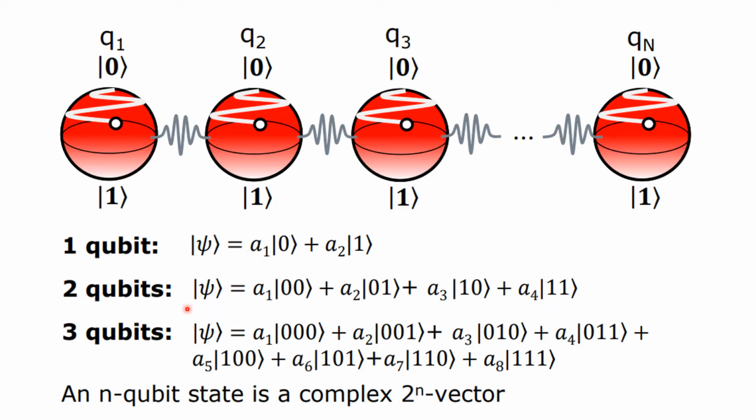When we have 2 qubits, we have 4 possible states. With 3 qubits, we have 8 possible states. So when we have n qubits, the number of states available is 2 to the power of n. The overall state of the system is a superposition of 2 to the power of n vector states, and such a general state exists in a complex Hilbert space.